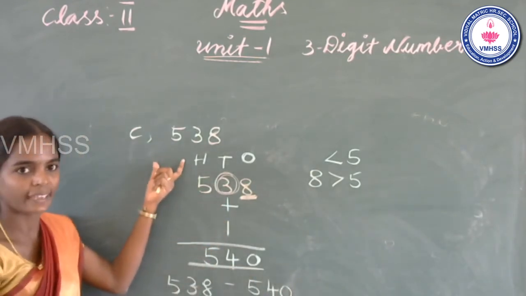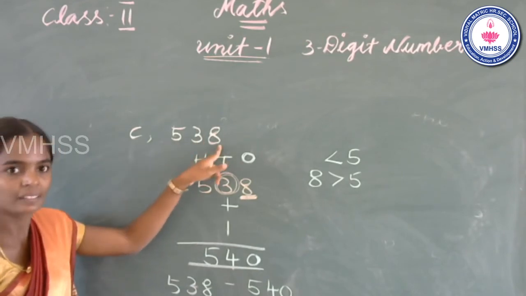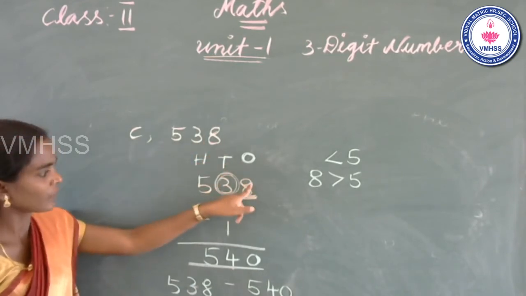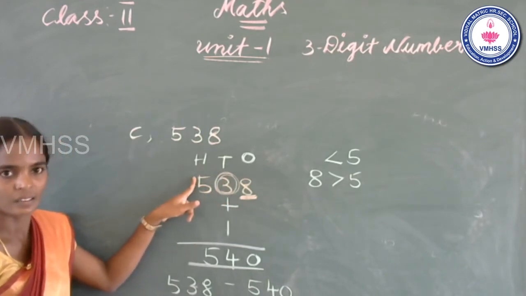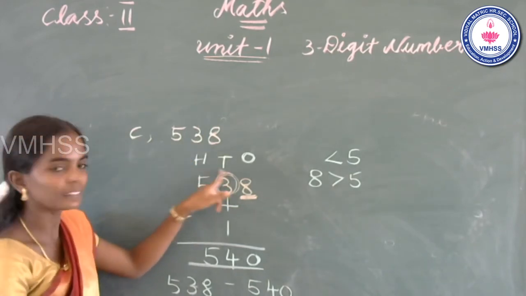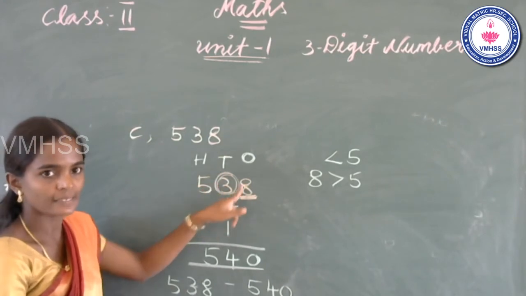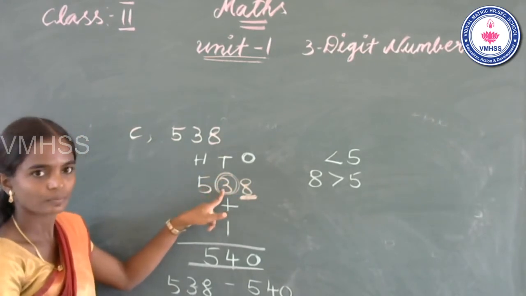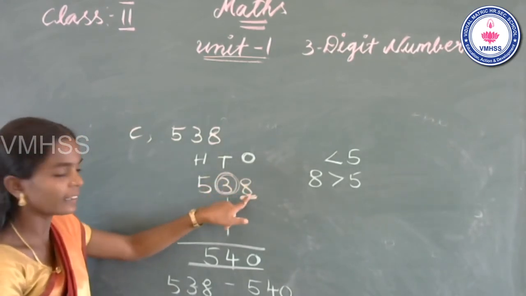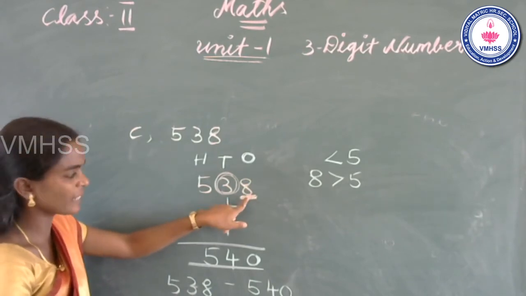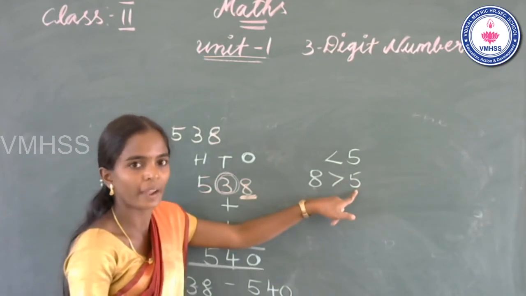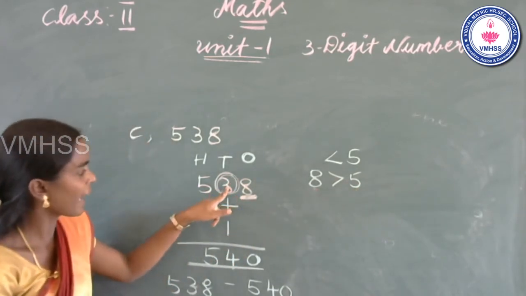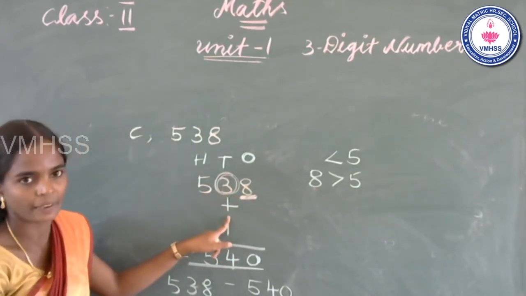Children, once again, this number is 538. First place ones, second place tens, third place hundreds. First we find the tens place number, 3. Next we look at the ones place number, 8. 8 is greater than 5, so we add 1 to the tens place.